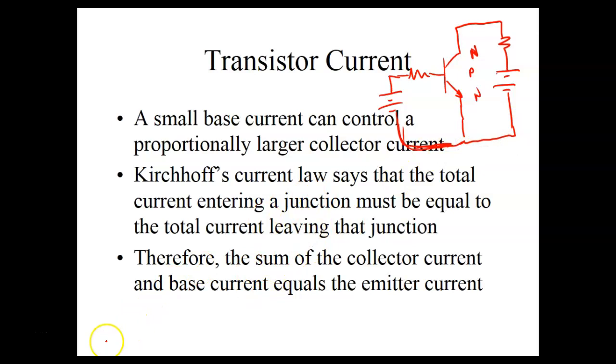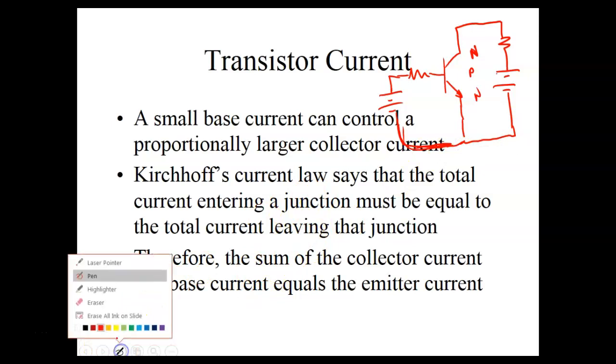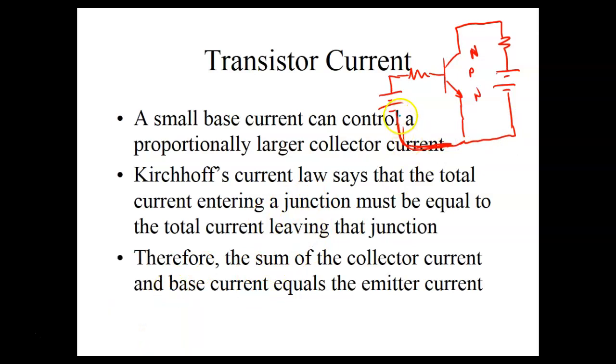So what I want to make sure you understand is that current flows out here, up through the emitter, back through the base resistor, back to this power supply. Current flows here, up through here, back through there, back to this power supply. So notice I have two paths that go through the emitter.